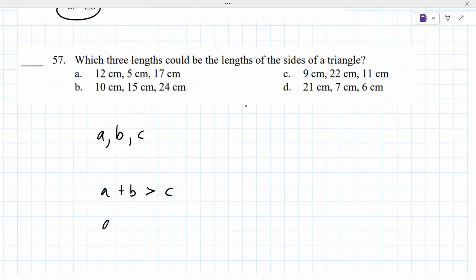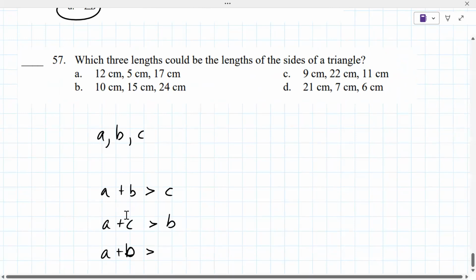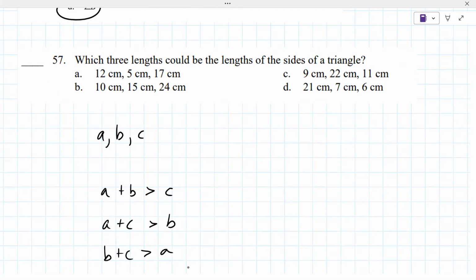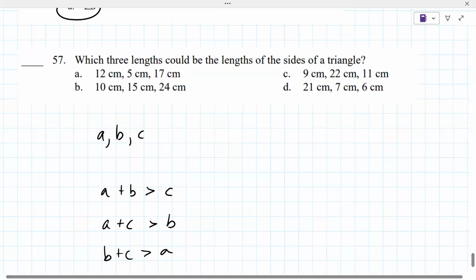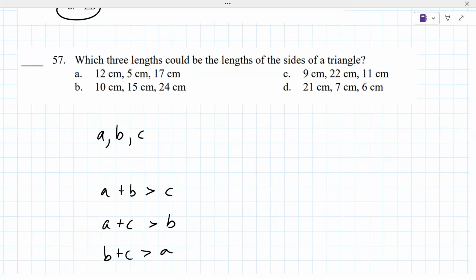It's required that A plus B is greater than C, A plus C is greater than B, and B plus C is greater than A. Would it be B, because A plus B is bigger than C, and then A and C is bigger than B, and then B and C is bigger than A?